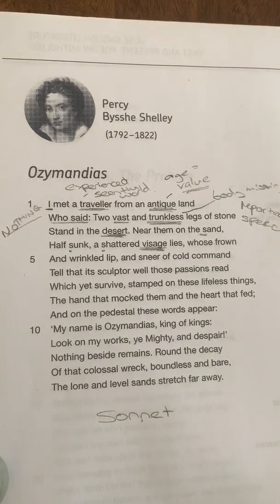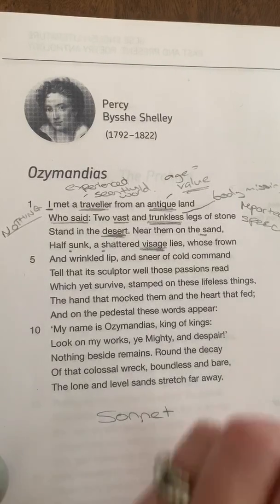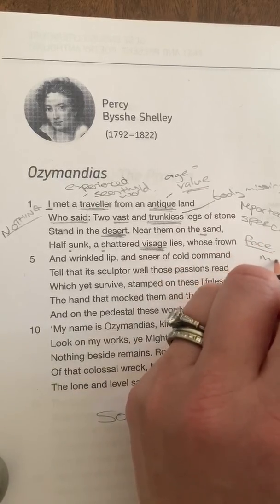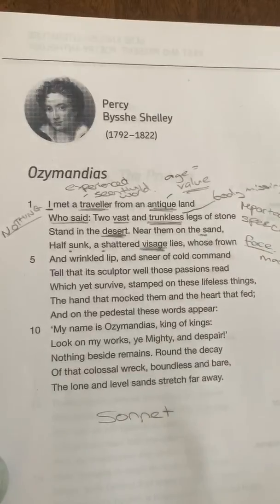A visage is a face. In this instance, you need to start thinking like a mask. If you're thinking of a broken statue where the body is missing, where all that's left are the legs, and then this visage, why shattered?